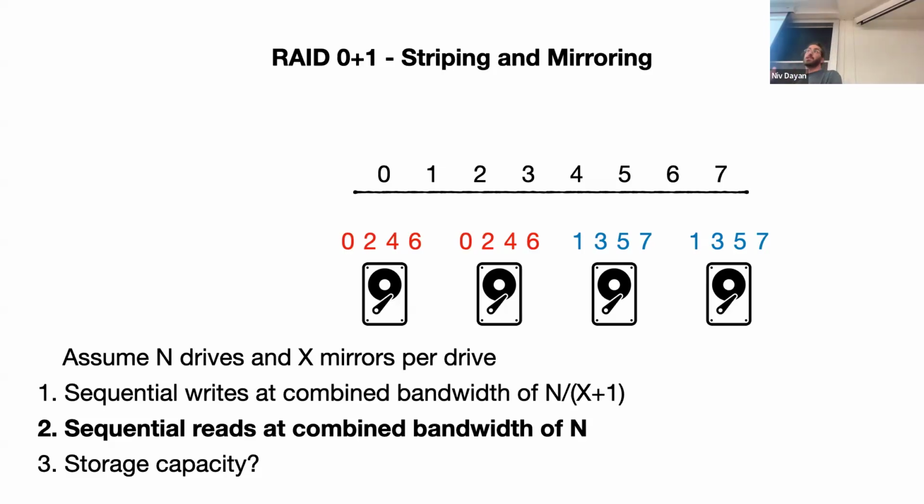For random reads, you're probably not going to be able to benefit from the combined throughput of all the drives. But random reads are still going to be better using RAID because you can still achieve some degree of parallelism. Does that make sense?